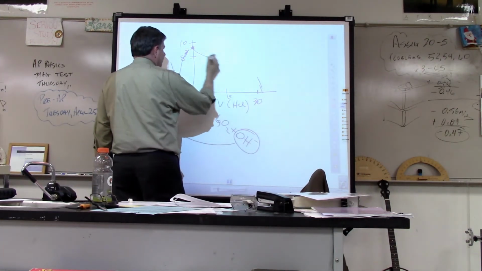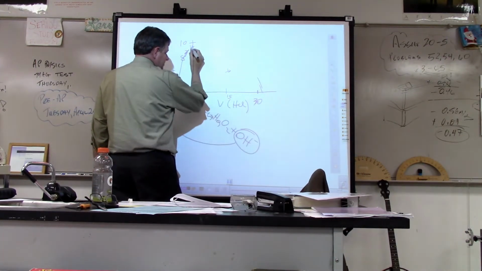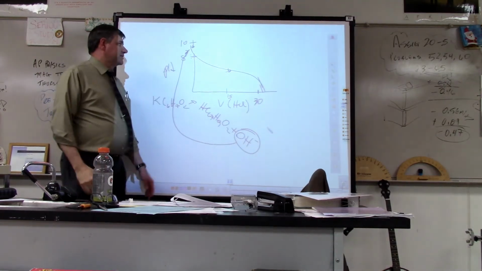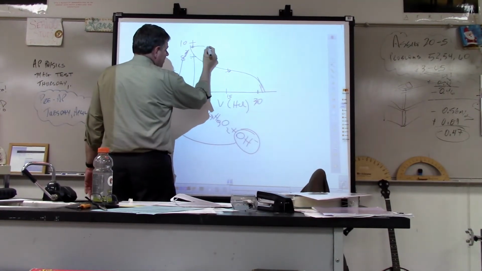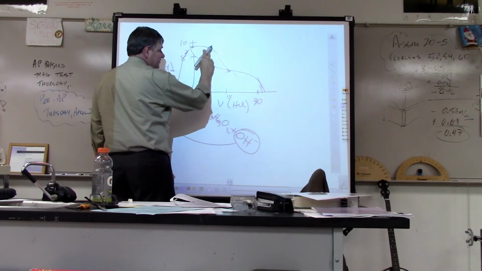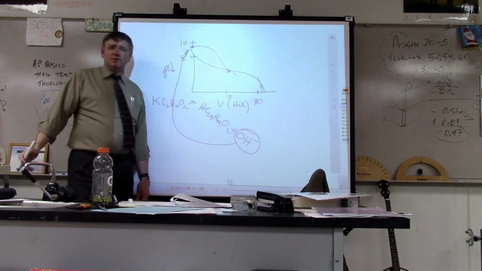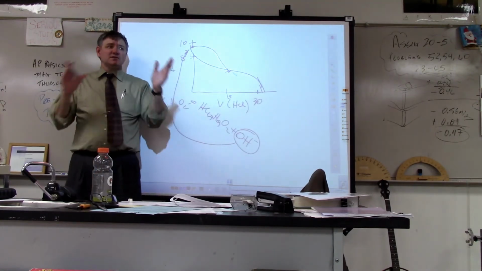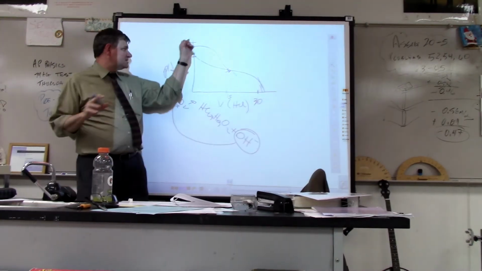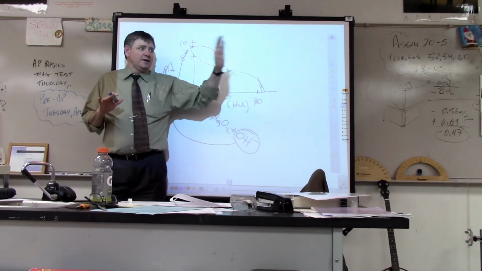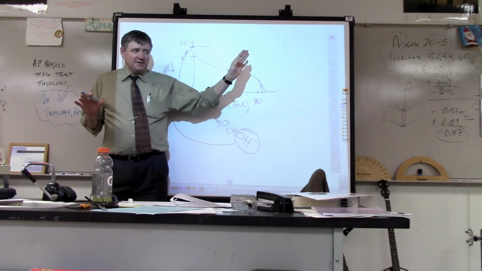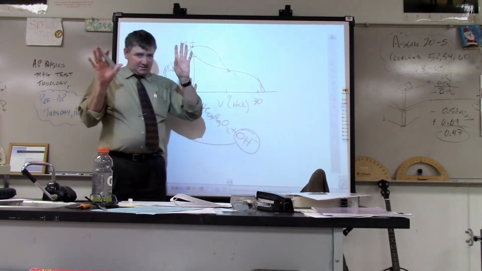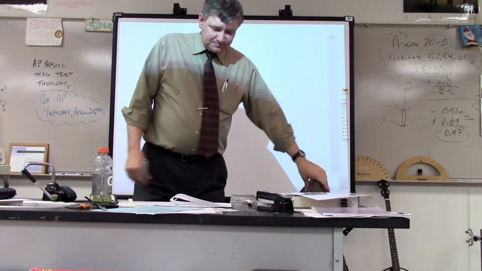It's going to be something like this, because if you try and start this off level, then it's going to get weird. So it's going to drop, and as long as you were somewhat close and just didn't draw it as a straight line, you were fine. That was the whole point of that question.